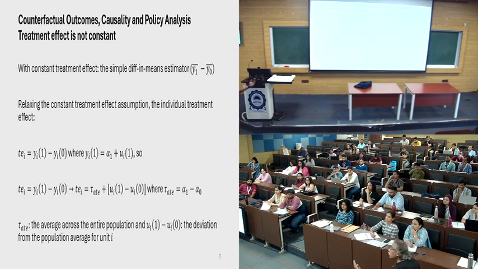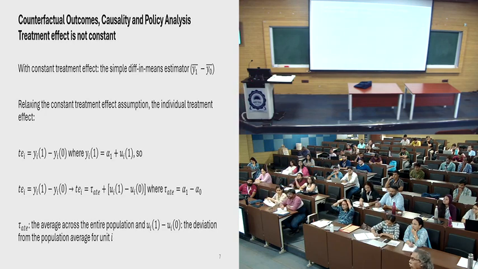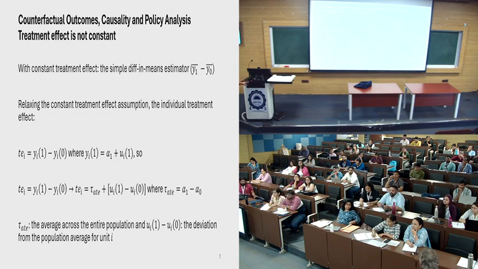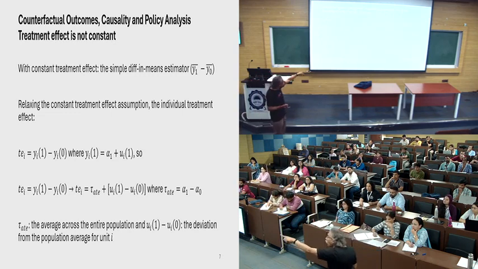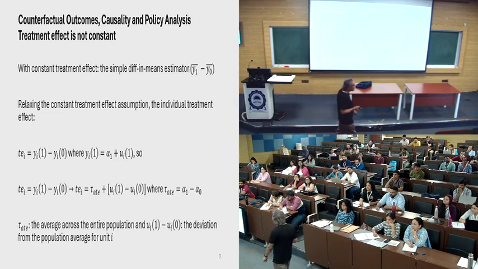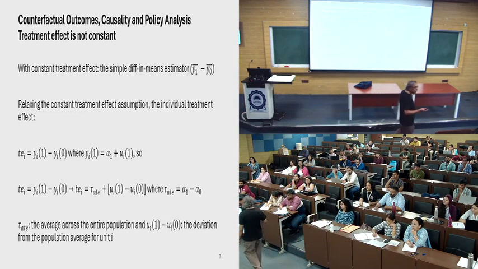So I want to move from the constant treatment effect to the individual treatment effect, right? The way I want to think of that, the treatment effect, which is TE_i, has a subscript i now, which is Y_i1 minus Y_i0, where Y_i1 is nothing but alpha_1 plus u_i1. Clear?